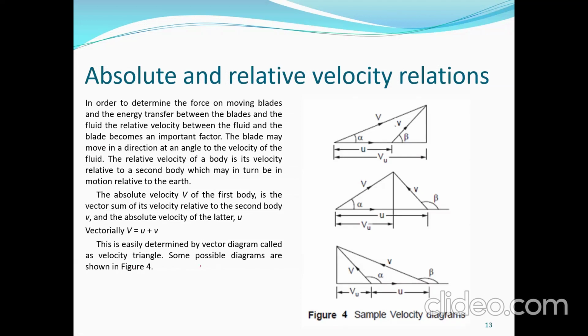So this is easily determined by vector diagram called the velocity triangle or velocity diagrams. Some possible diagrams are shown in figure 4. So this is the absolute velocity. This is the blade velocity. And this is the relative velocity.